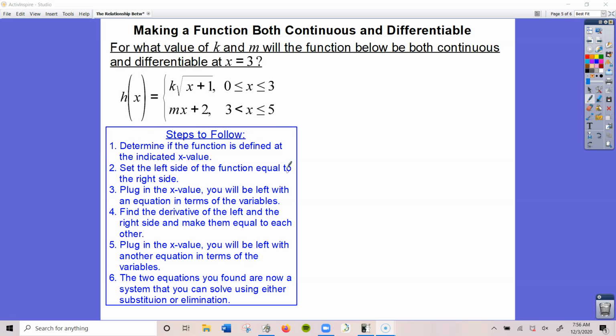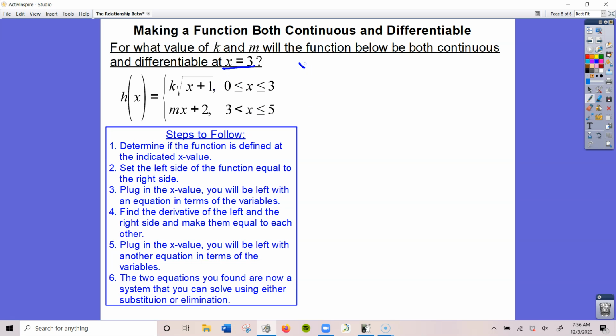I'm just going to follow along with these steps here so you understand what I was explaining. So first we're going to determine if the function is defined at the indicated x value. When I look here, my x value is 3, and I see that 3 is defined. So that part of continuity is taken care of. And since I don't know what k is, it's not like I can plug in 3 and get the defined value.